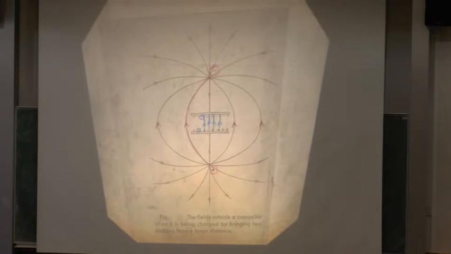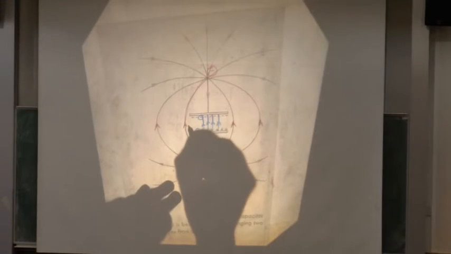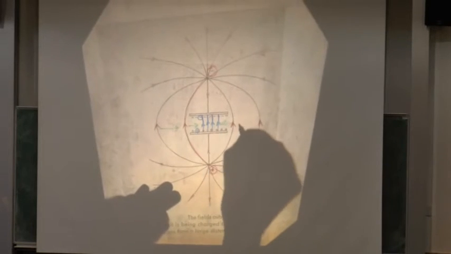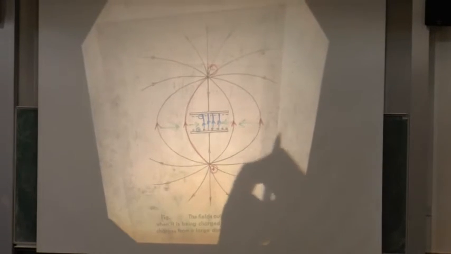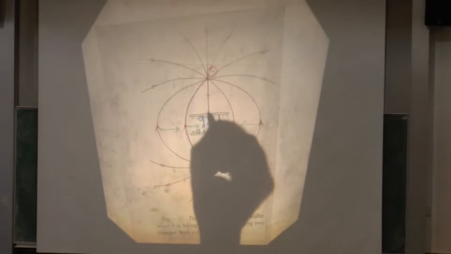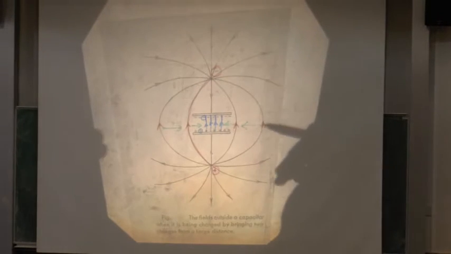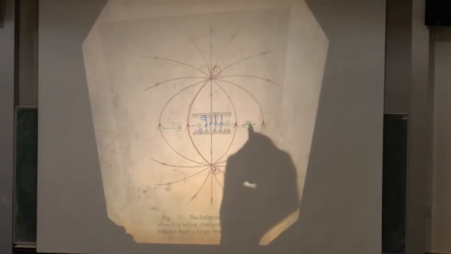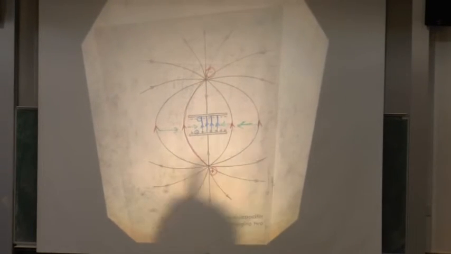This is a very qualitative hand-waving way. We're going to do the proper maths later on. The field lines have kind of been sucked in towards the capacitor plates. As the charges pile up on the capacitor plates, the electric field, which has been very diffuse, is now getting concentrated in between the capacitor plates.